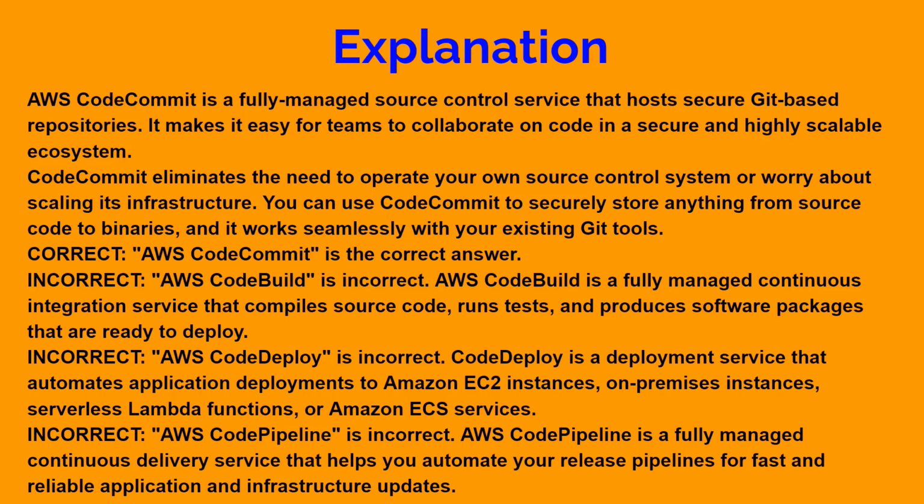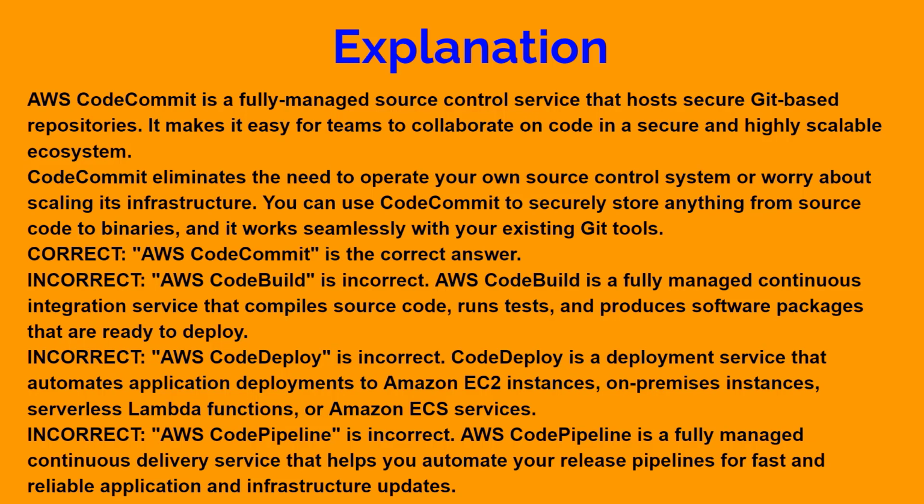Incorrect. AWS CodeBuild is incorrect. AWS CodeBuild is a fully managed continuous integration service that compiles source code, runs tests, and produces software packages that are ready to deploy. Incorrect. AWS CodeDeploy is incorrect.